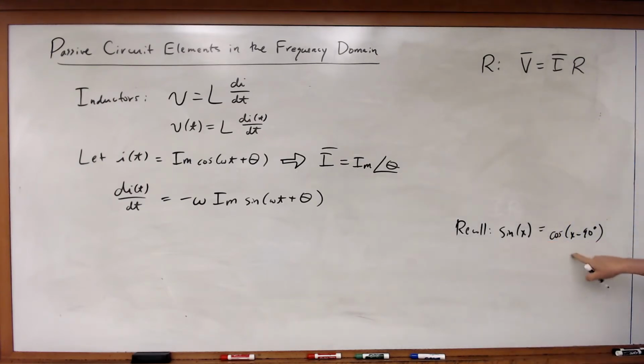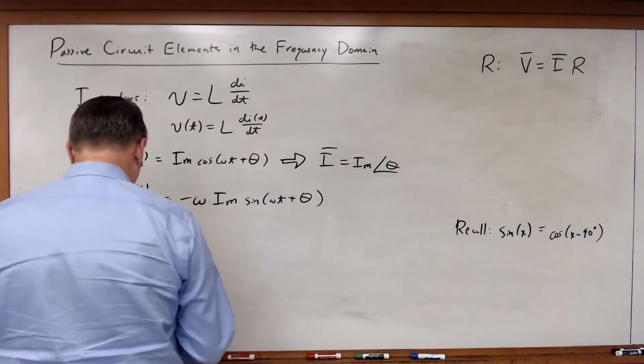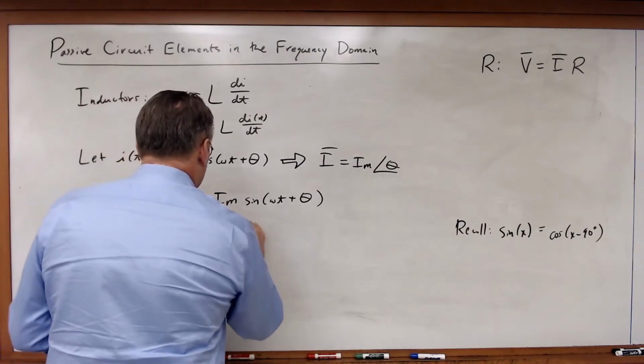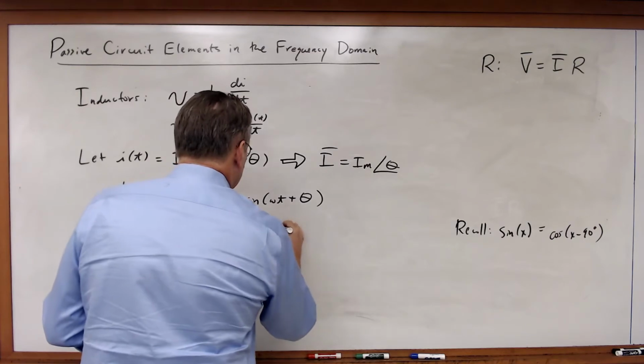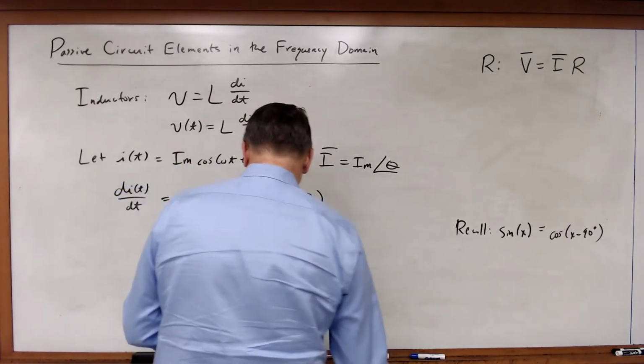So we can go from sine to cosine by subtracting 90 degrees. Therefore, this will be equal to minus omega times Im times cosine omega t plus theta minus 90 degrees.